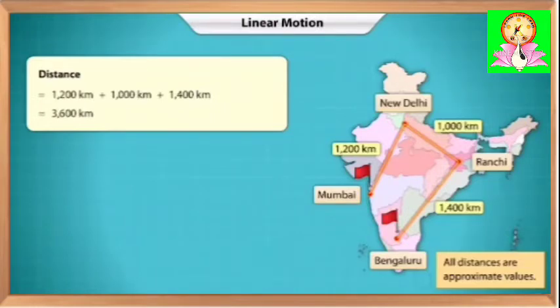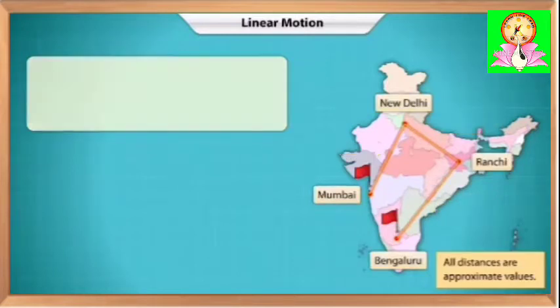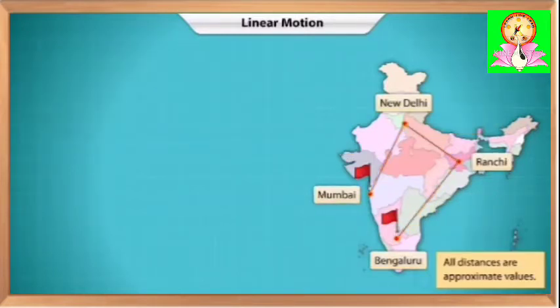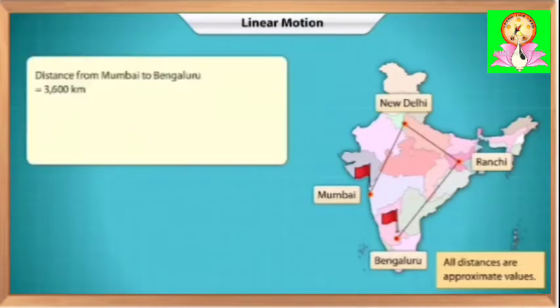3600 km. On the other hand, displacement is the minimum or shortest distance between the initial point and the finishing point. As we calculated, the distance from Mumbai to Bengaluru is 3600 kilometers, while the displacement from Mumbai to Bengaluru is actually 1000 kilometers.